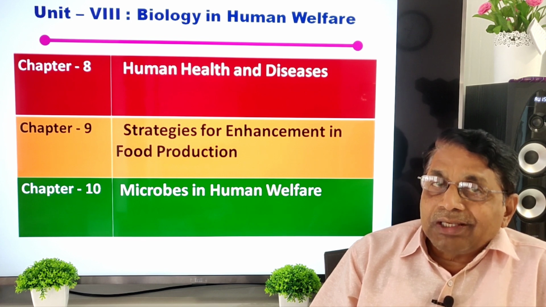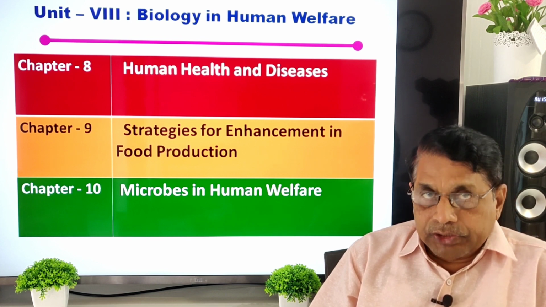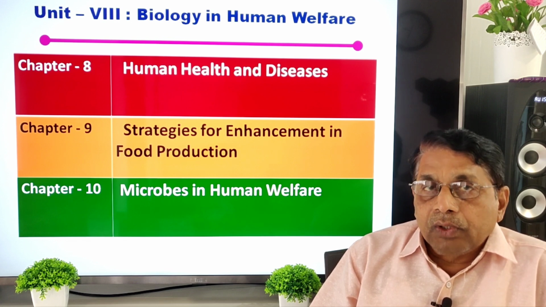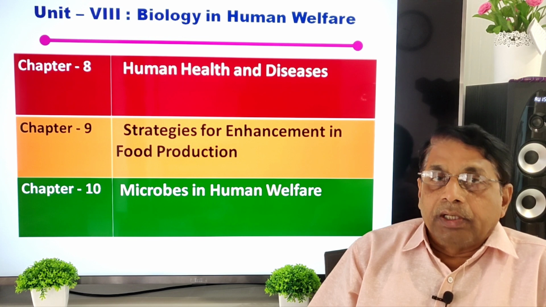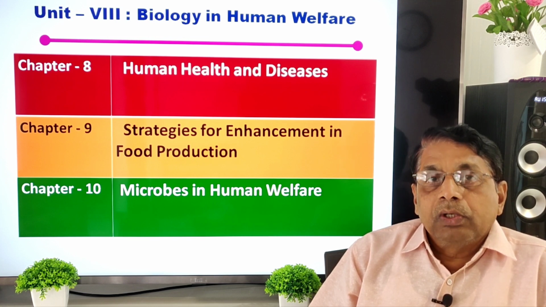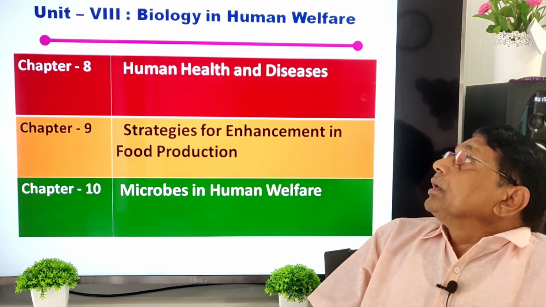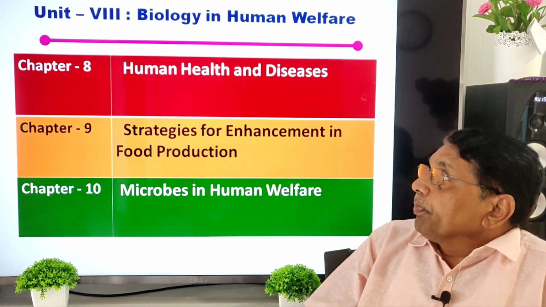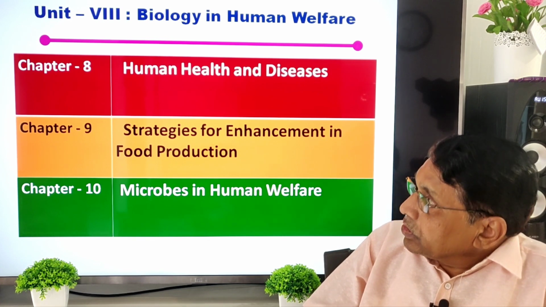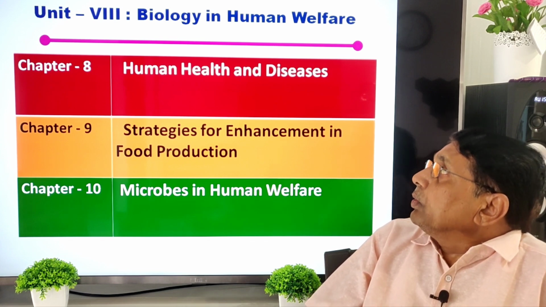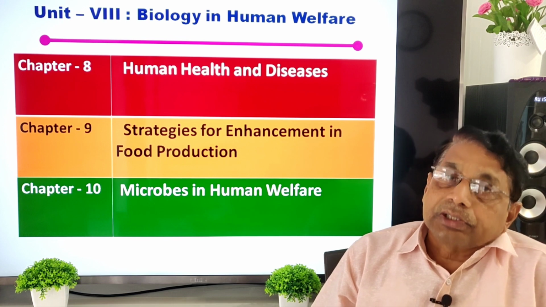How can biology be exploited for humans? How is the knowledge of biology useful in the case of human welfare? This unit is divided into three chapters. Chapter 8 is about human health and diseases.